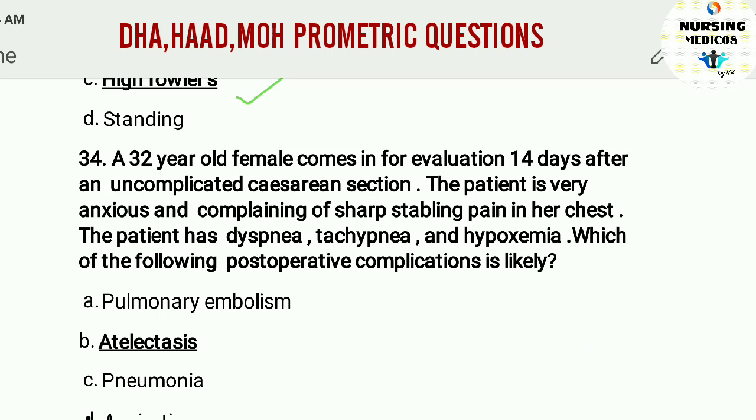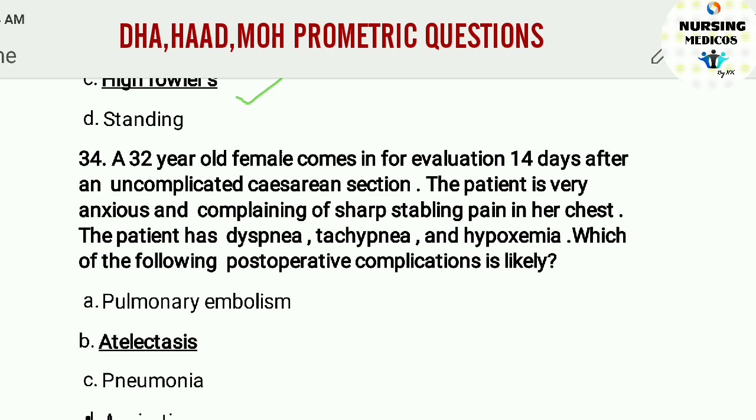Okay, next one is 34. A 32-year-old female comes in for evaluation 14 days after an uncomplicated cesarean section. The patient is very anxious and complaining of sharp, stabbing pain in her chest.